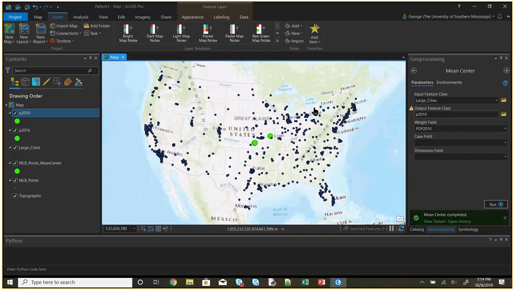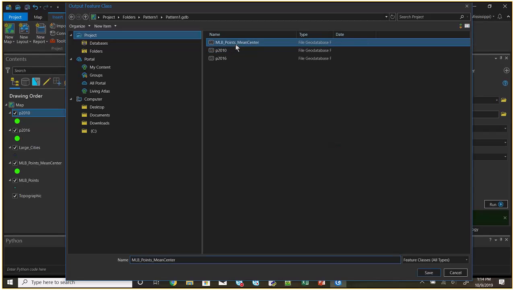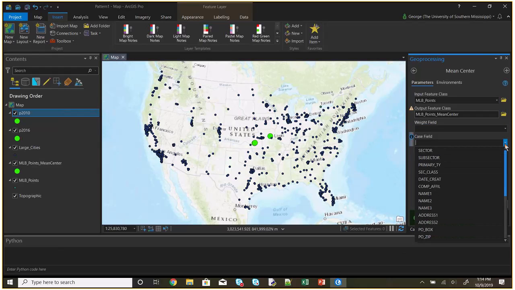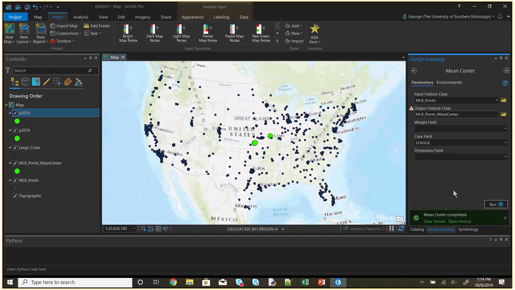All right. So that's that. If I go back to Major League points, I do want to show you what these other things mean. So I'm just going to overwrite the mean center here, and I choose not to have a weight field, but I will choose a case field, the league. Baseball is divided into two leagues: the American League and the National League.